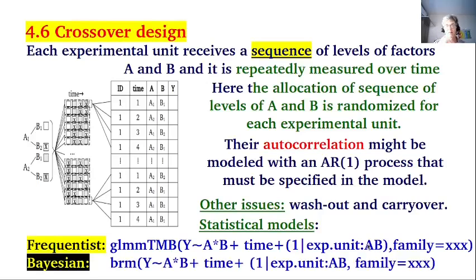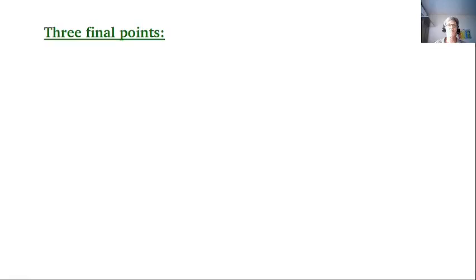And for the Bayesian framework, the statistical model is again the same. This is using the command brm instead of the command glmmTMB. I just wanted to point out that the analysis and the interpretation of the crossover design is a little bit more delicate and specific than the other experimental designs, and you should handle this with a lot of care. So 3 final points before concluding this video.